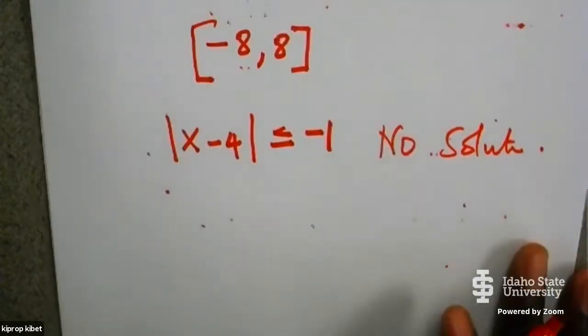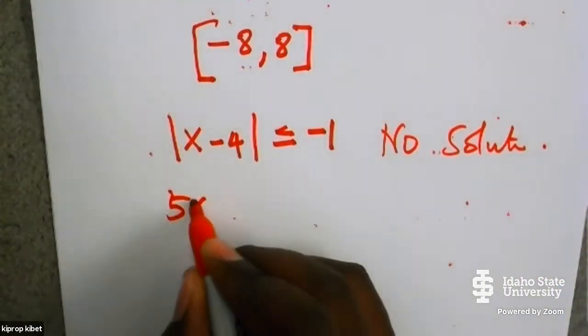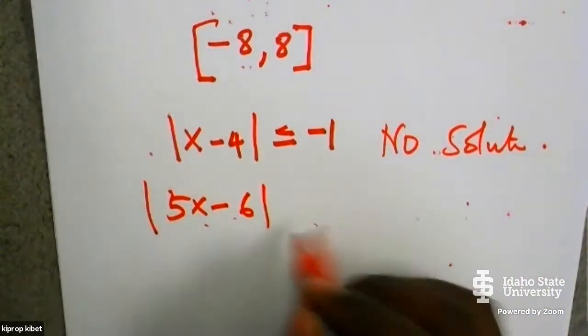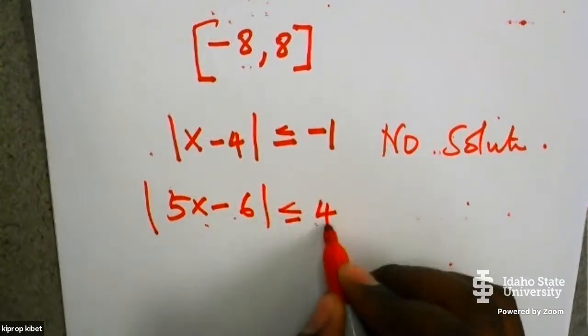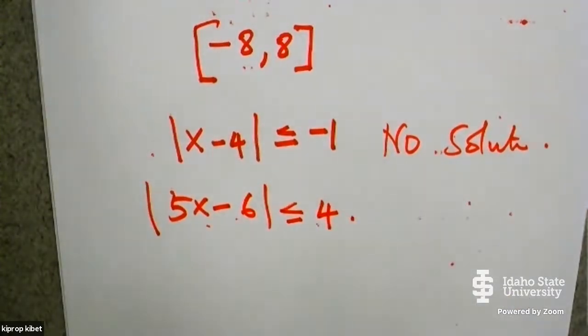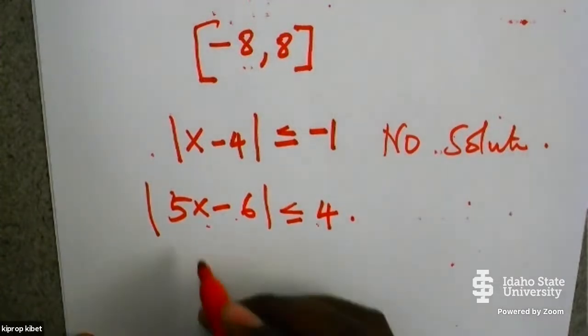Now, how about the absolute value of 5x minus 6 less or equals to 4? How should we solve this?